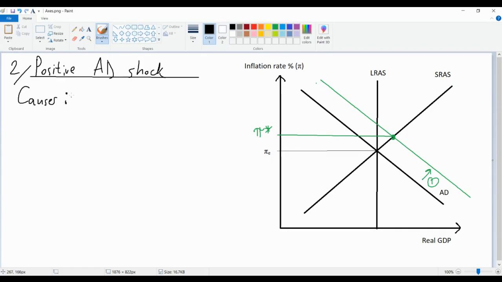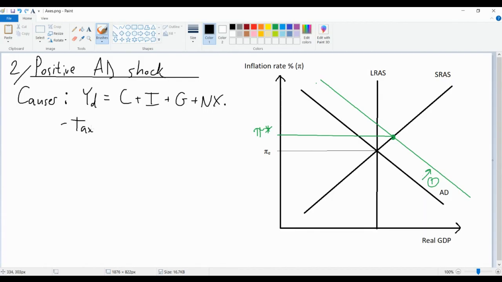Same game plan as before. Well, remember that aggregate demand is consumption, investment, government spending, net exports. And so anything that would lead to an increase in any of these components could shift the demand curve in this direction. Such as what?